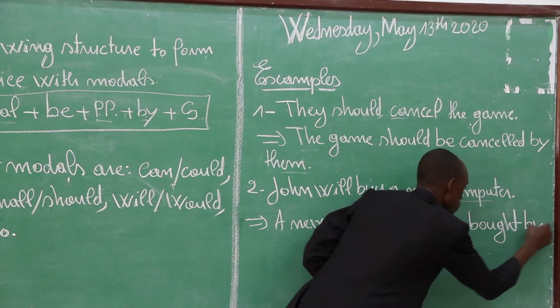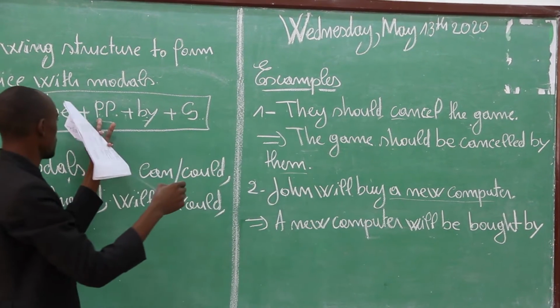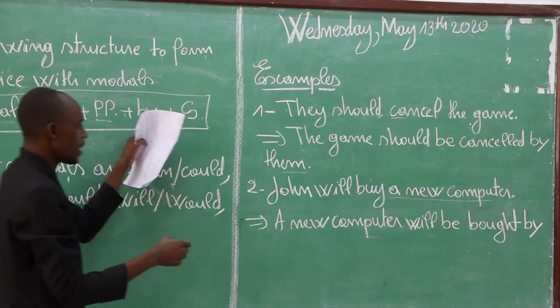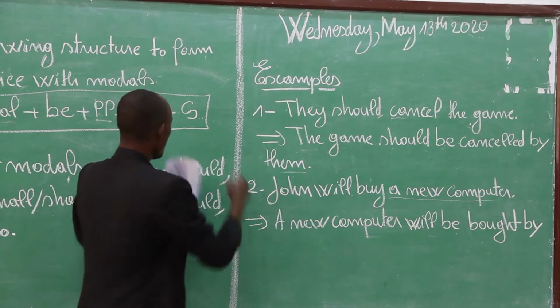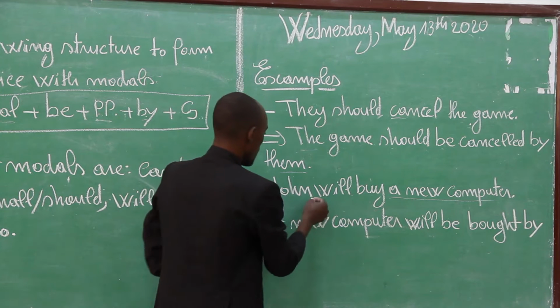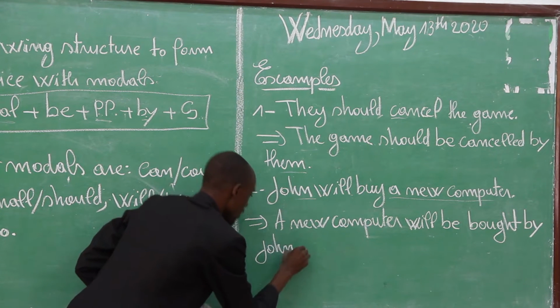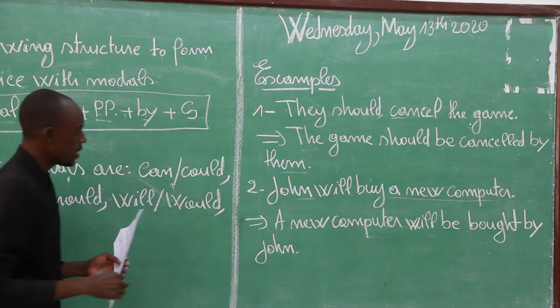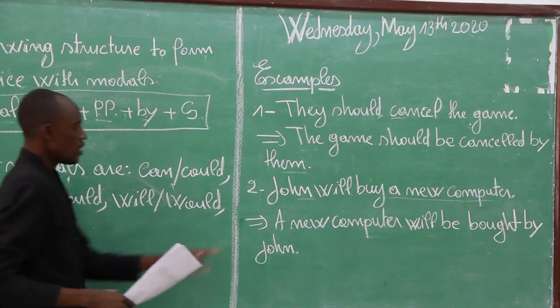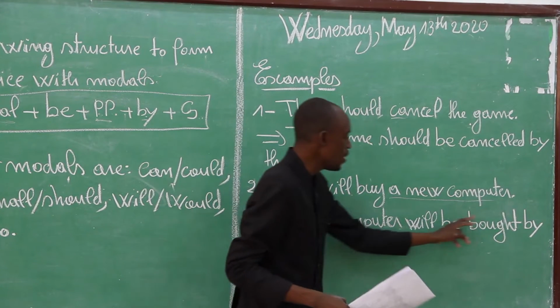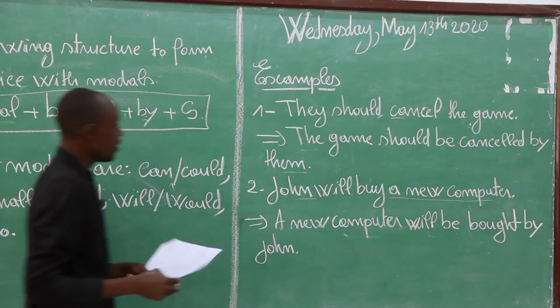We have the past participle followed by the agent, by the subject. In this sentence, the subject is John, by John. Here, John is used as the agent. A new computer will be bought by John.